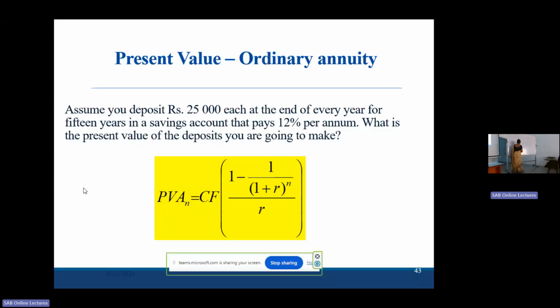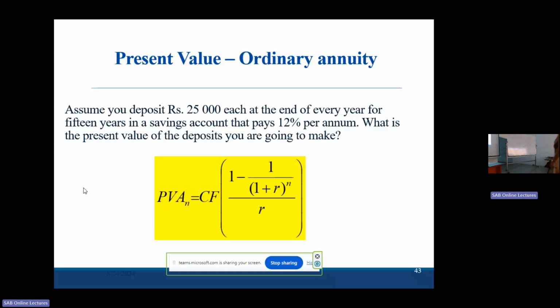6.81, you can check, right? Into 25,000. 6.81 is the present value interest factor, by solving 1 minus 1.12 to the power minus 15, divided by 0.12. That is 6.81. Right.